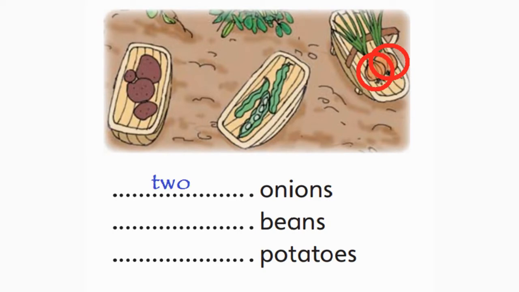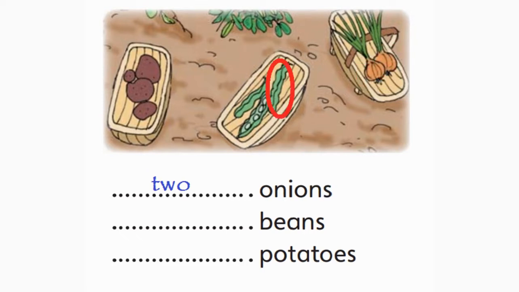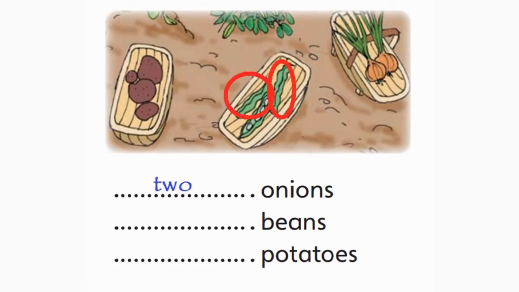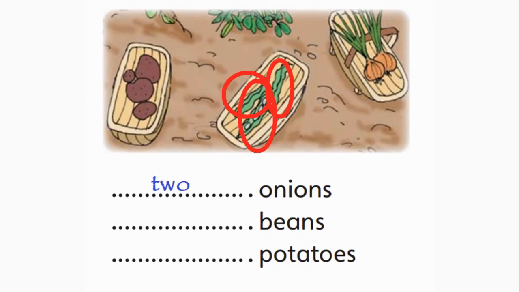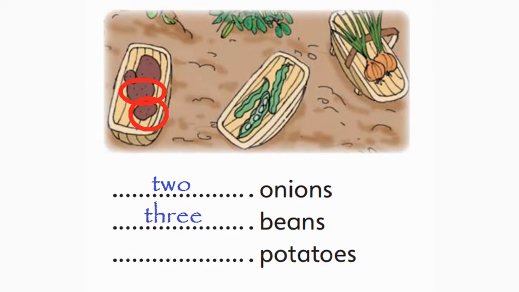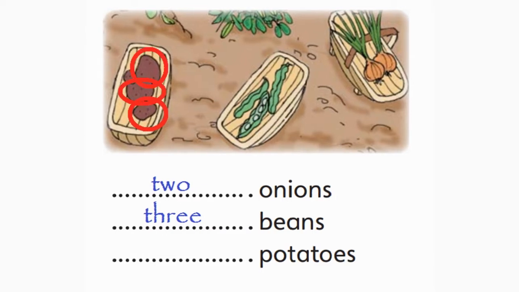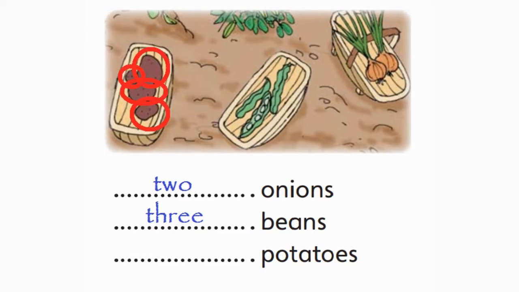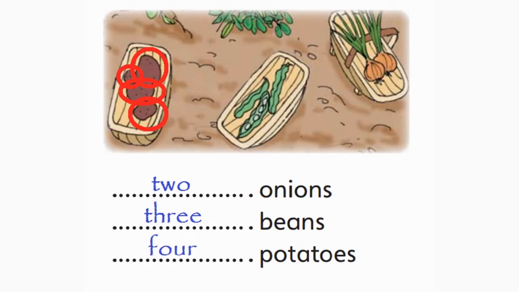How many beans are there? 1, 2, 3. There are 3 beans. How many potatoes has Mrs. Day got? 1, 2, 3, 4. She has got 4 potatoes.